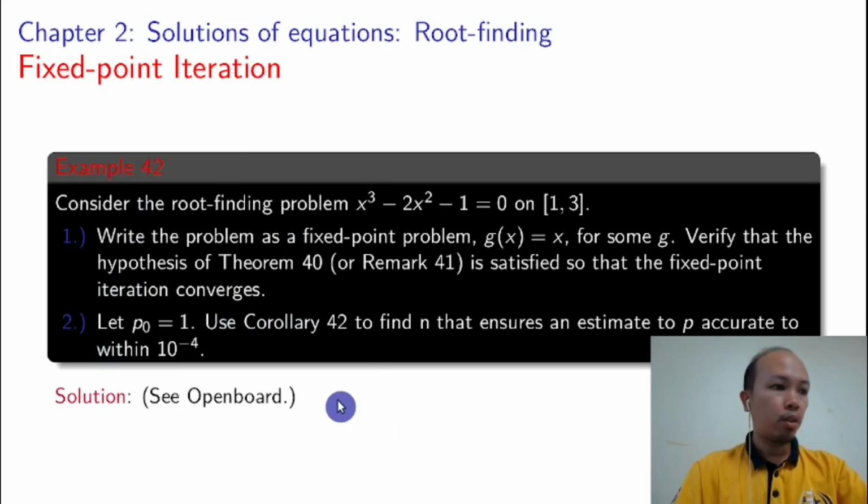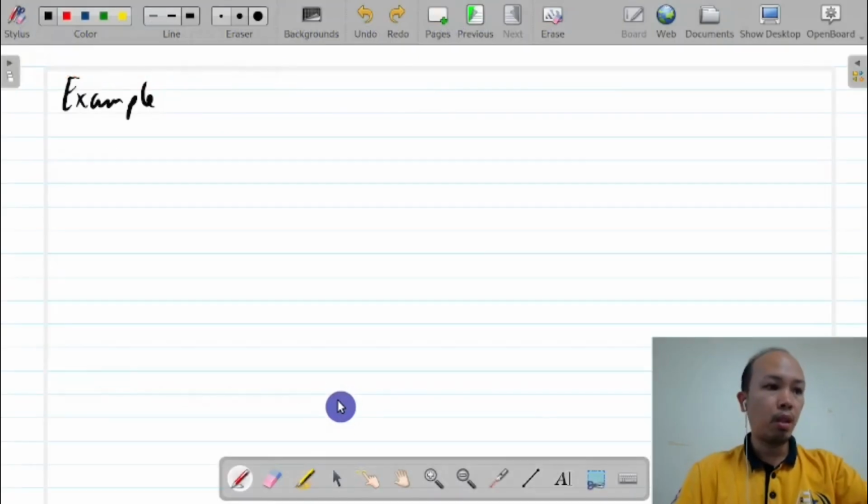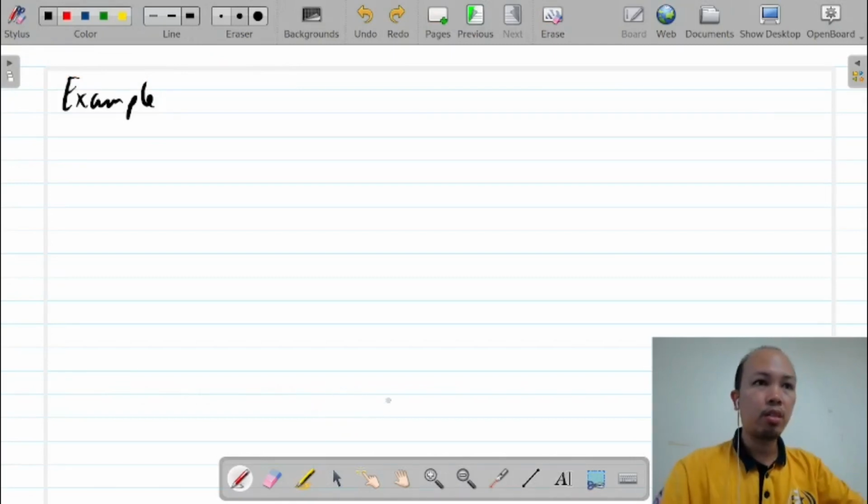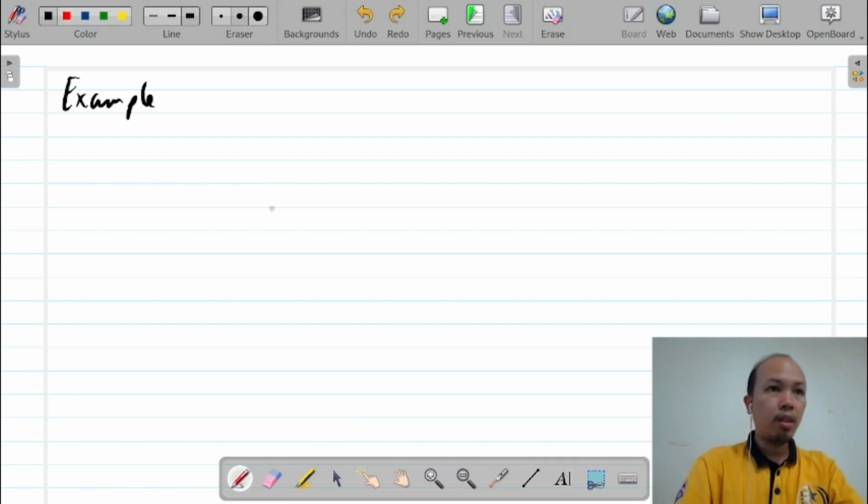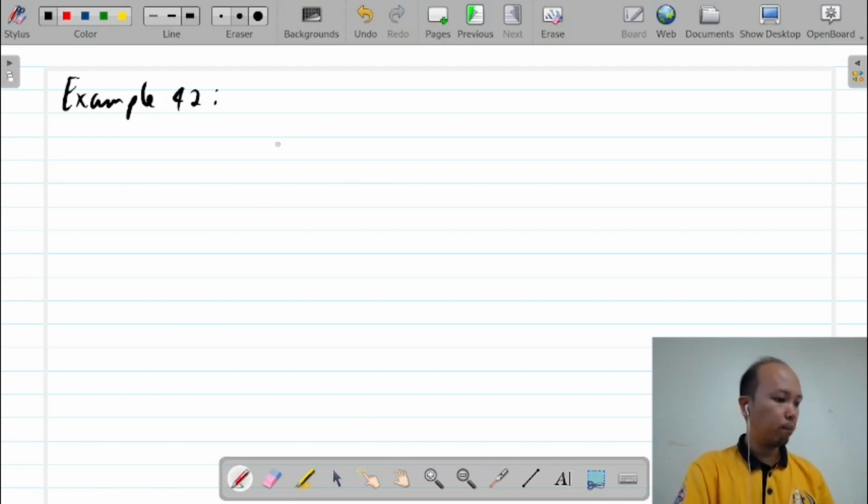Okay, so let's go now to our open board. Then we have here example 42. Remember that the first problem is to write it as a fixed point problem. So let's recall our given.